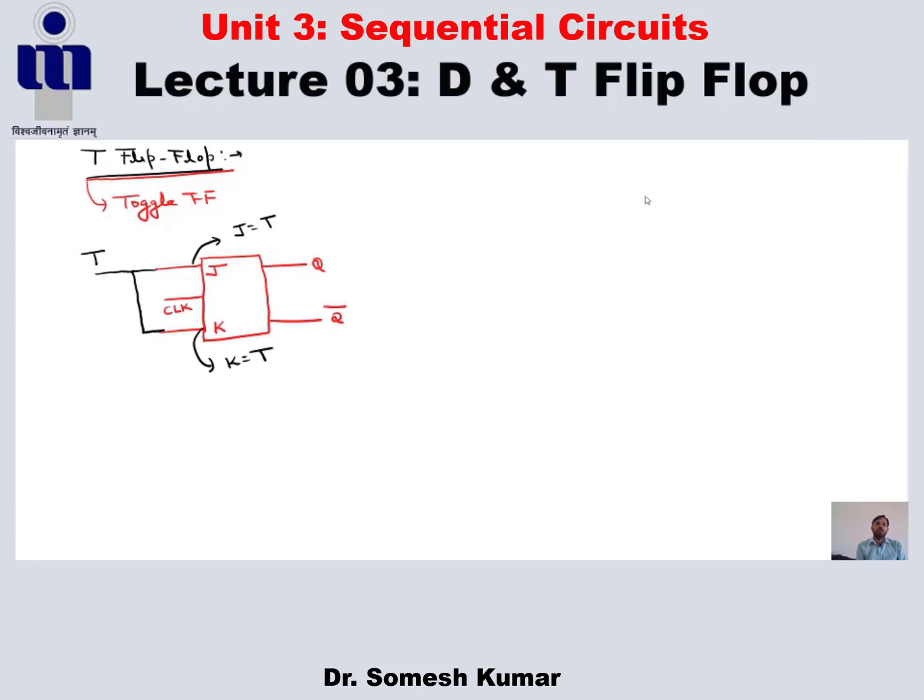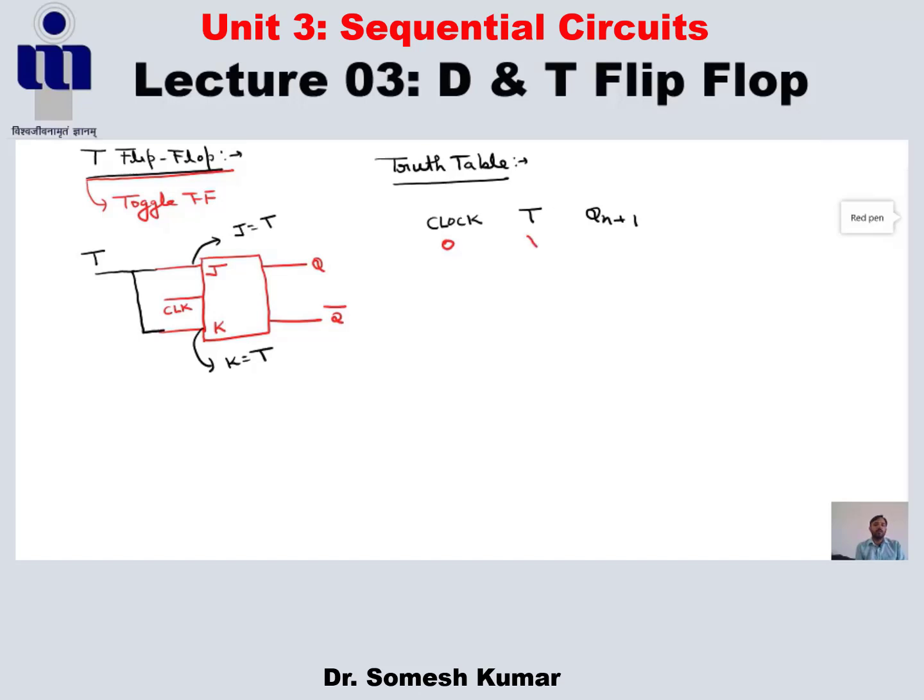Now the truth table of this T flip-flop. In the truth table, one input is our clock, the second input is T, and the output is Qn plus 1. What happens if the clock is 0? What is the output of JK when the clock is 0?